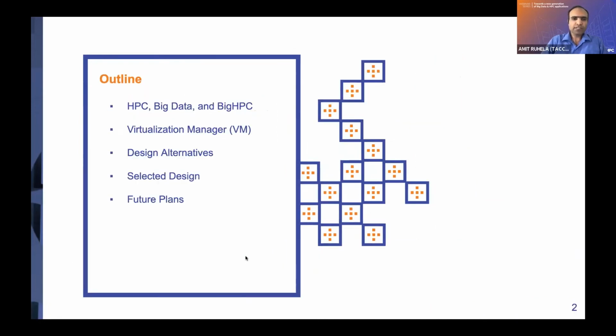So the outline of this presentation is, first we'll set the background. Basically, we'll explain what is HPC, what is big data, and how they are related to each other. Then the main focus of this presentation is the virtualization manager. We'll explain what it is and what options or features we have explored to design it.